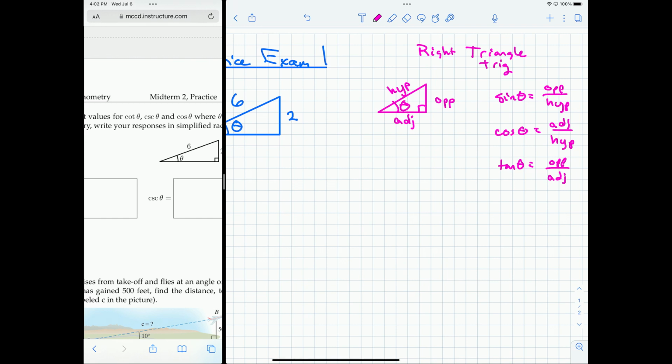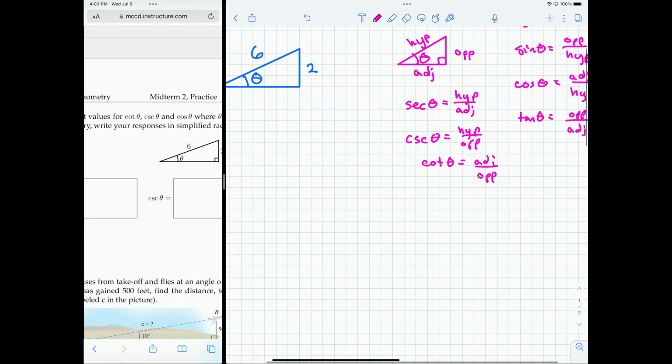And then there's 3 more. We've got the secant of theta is an upside down cosine. It's the hypotenuse over the adjacent. The cosecant of theta is an upside down sine. It's the hypotenuse over the opposite side. And then finally, there's a cotangent, which is an upside down tangent. So it's the adjacent side over the opposite.